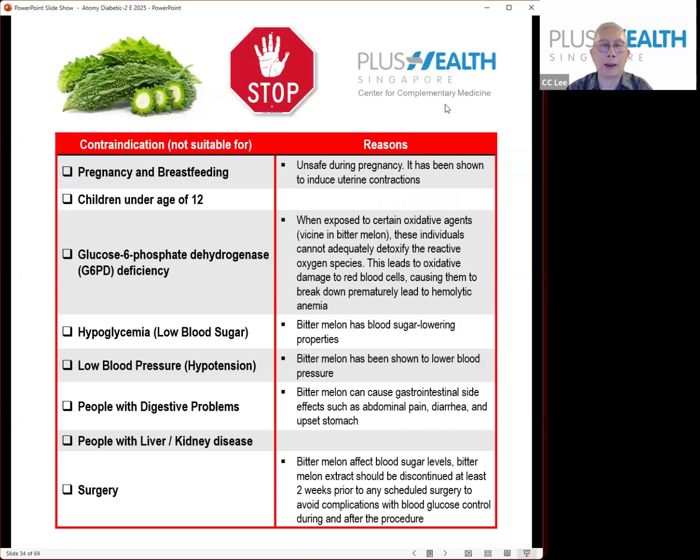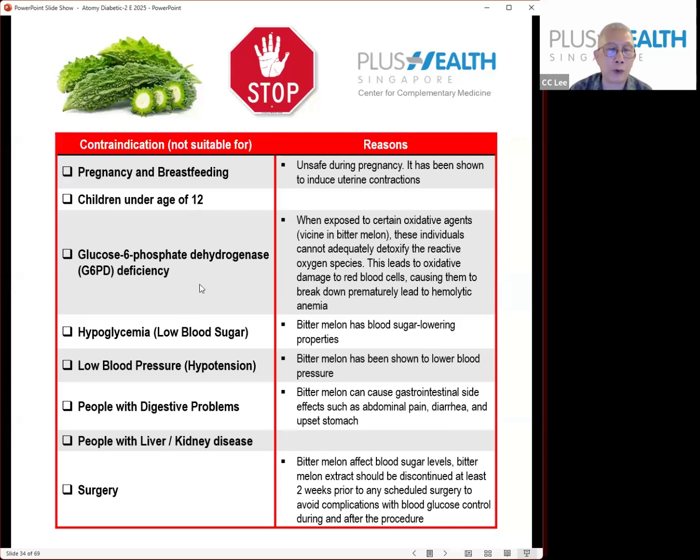Okay, now what are the contraindications for bitter melon? I think this is quite simple. Most of us will probably be aware, but I want to just go through it. Women who are pregnant or breastfeeding should not take it. Children under the age of 12 should not take it.